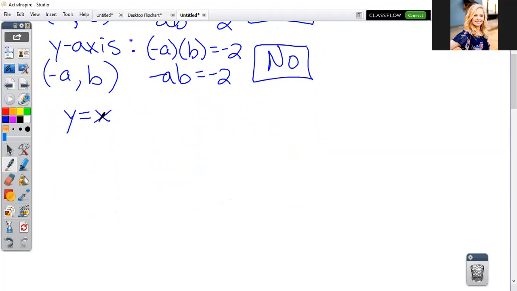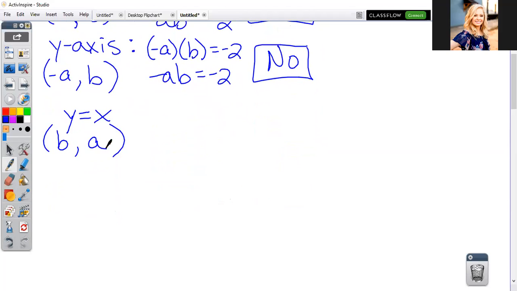y equals x. What do you think we do? Close, but no. Switch them. Very good. You put b, a. So now, when you plug in, what are you plugging in for x? b.